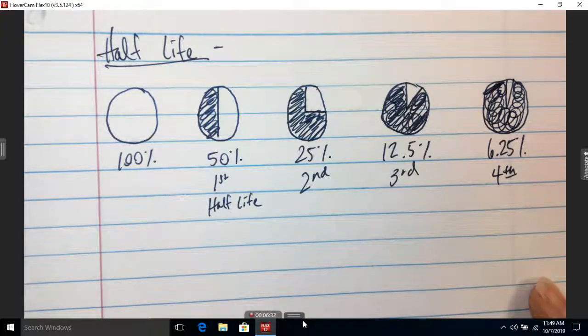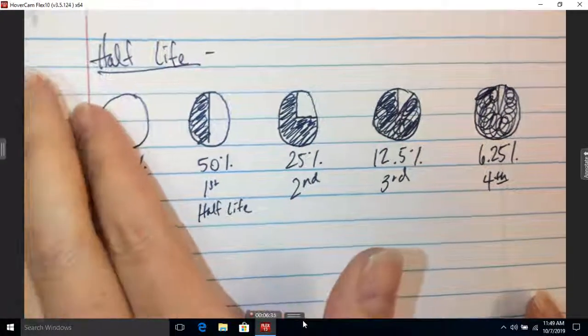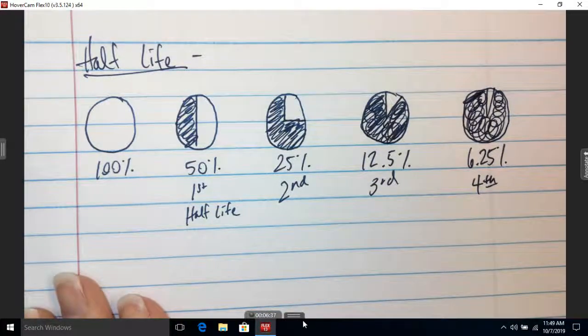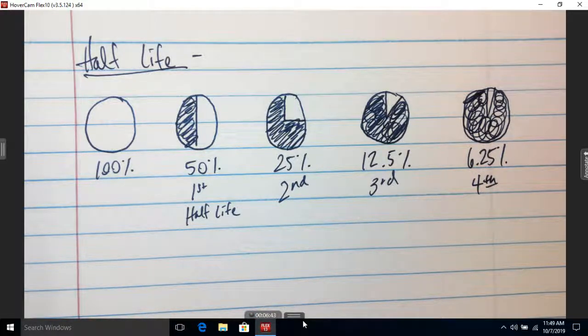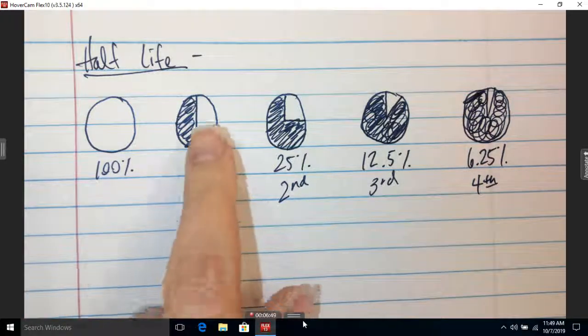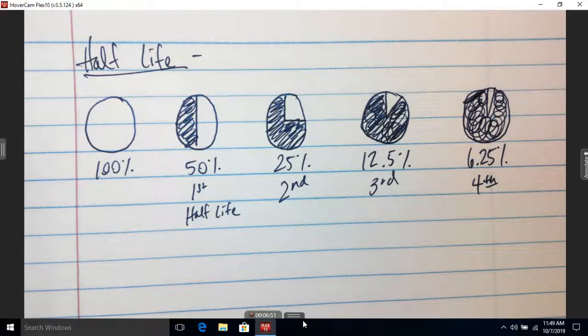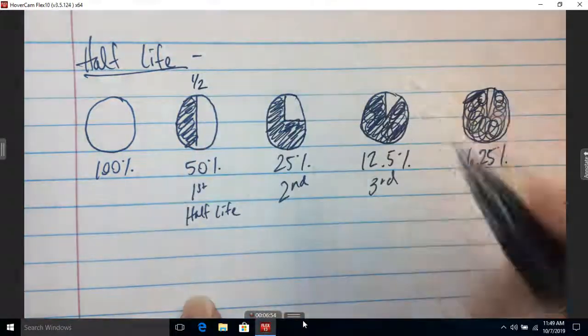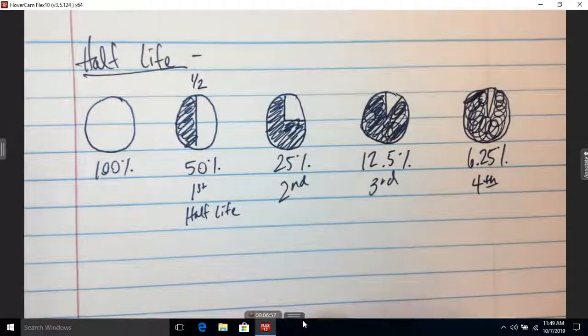Okay? Now, unfortunately, I don't like this either, but there's another way that they can express half-lives, and it's with a fraction. Okay, well, you break this down. What would this fraction be? 1/2. What would that fraction be? 1/4.